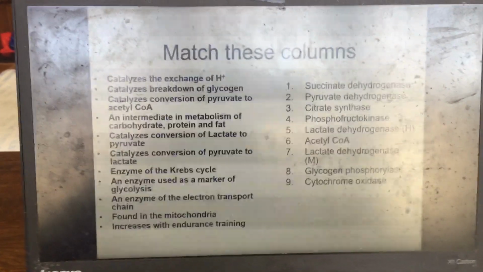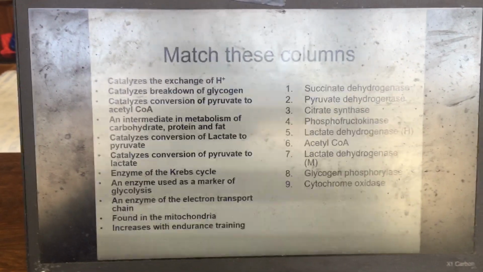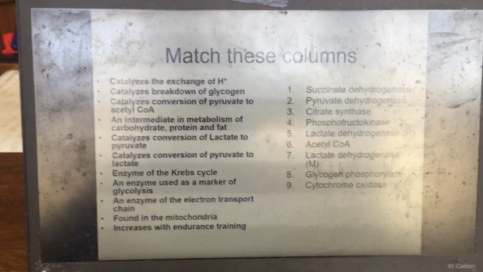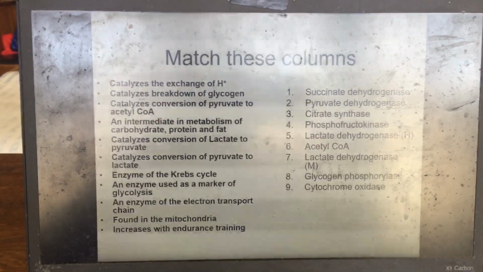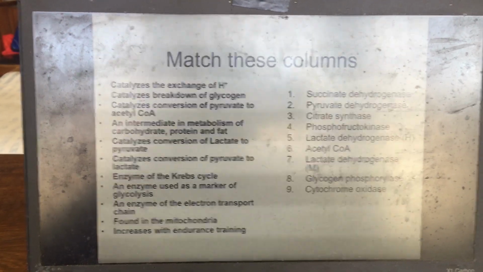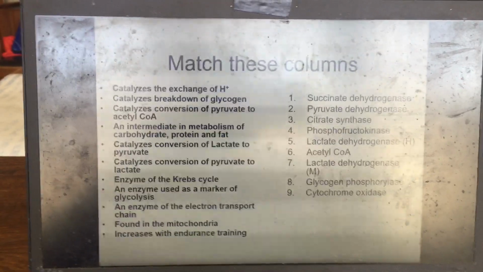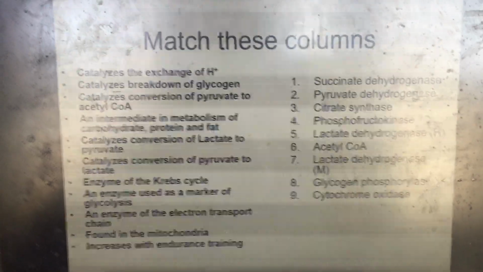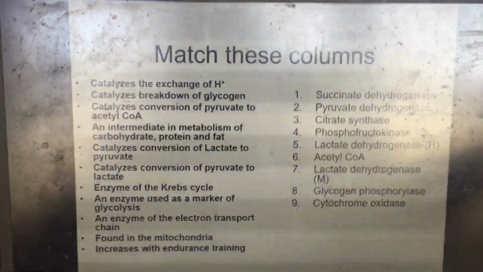You don't have to memorize the names of these enzymes. It's just important that you can recognize them if you see them on an exam, so on a sheet of paper. And by recognizing those enzymes, you should know their function and where they're located. So let's walk through this exercise here.